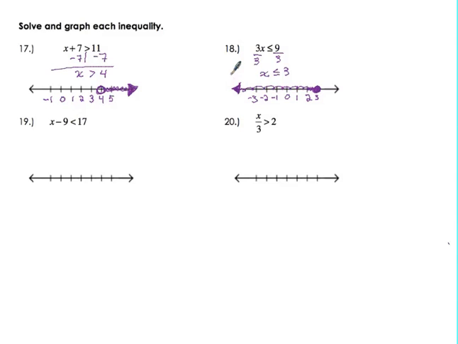Number 19, I have x minus 9 is less than 17. I need to get rid of that subtraction of a 9, so I'm going to add 9 to both sides. So I get x is less than 26. Now remember, when you draw this, I need to have a 0, I need to have a positive, and I need to have a negative number.